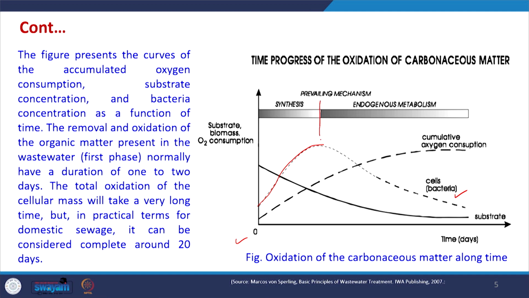One is the synthesis section, where the maximum has been reached, and after the maximum we have endogenous metabolism, or endogenous respiration. Now the bacteria themselves are being utilized as a source of energy for the other bacteria in the system. The substrate, or the organic matter, decreases with the increase in time and is continuously decreasing.